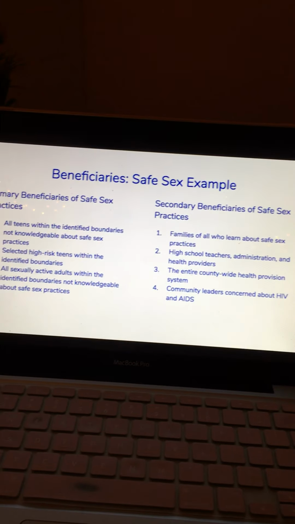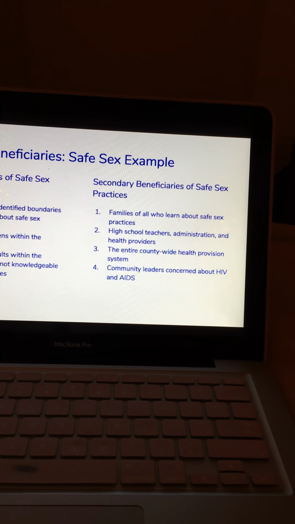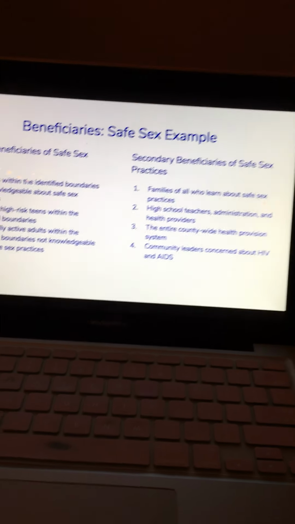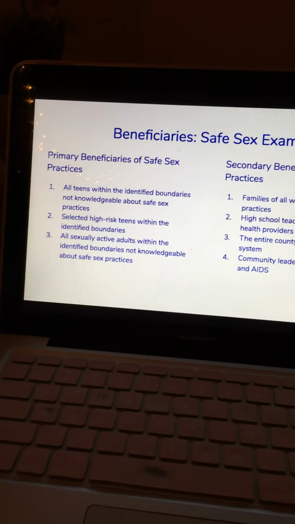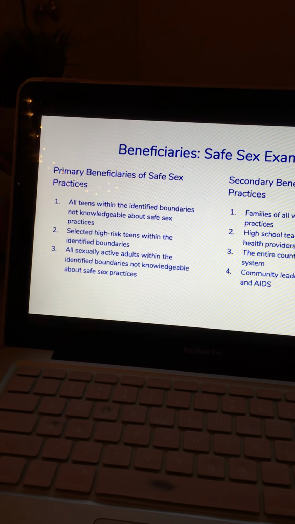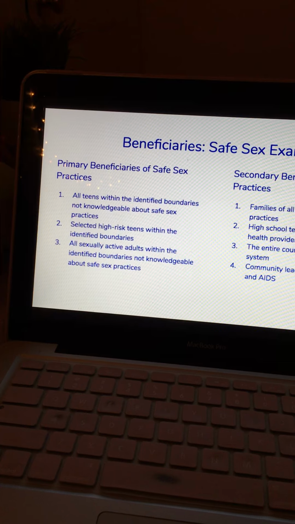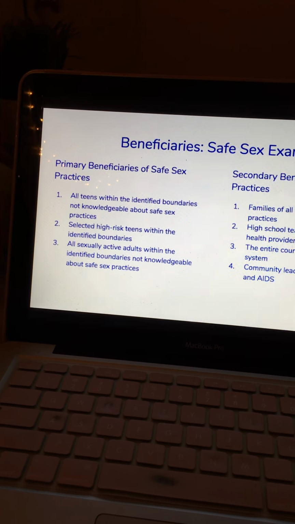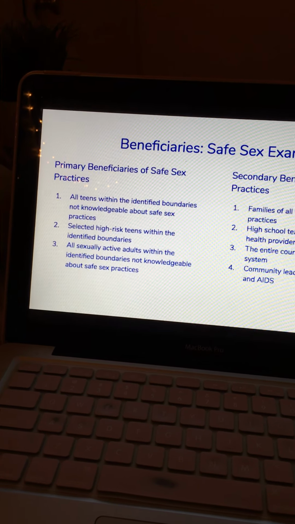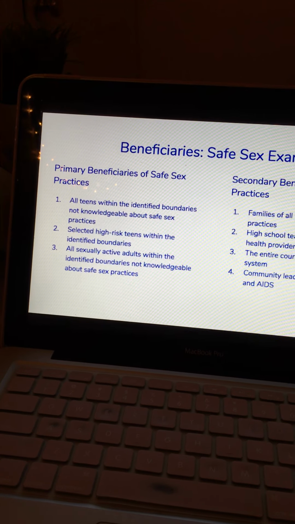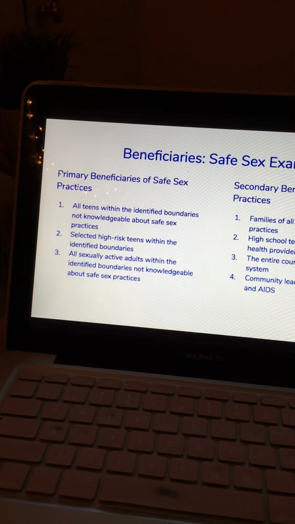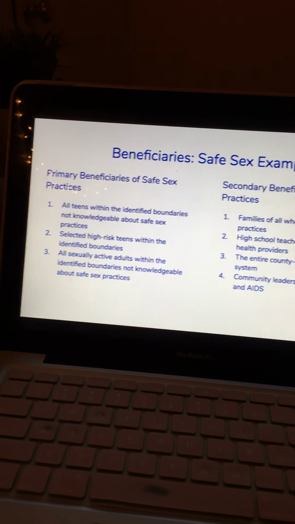Again, I'm using the safe sex example from the book. And the secondary beneficiaries of safe sex practices. So let's look at the primary ones first. All teens within the identified boundaries not knowledgeable about safe sex practices, selected high-risk teens within the identified boundaries, and all sexually active adults within the identified boundaries not knowledgeable about safe sex practices.